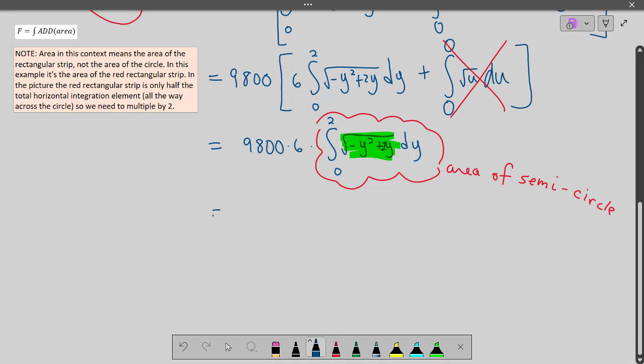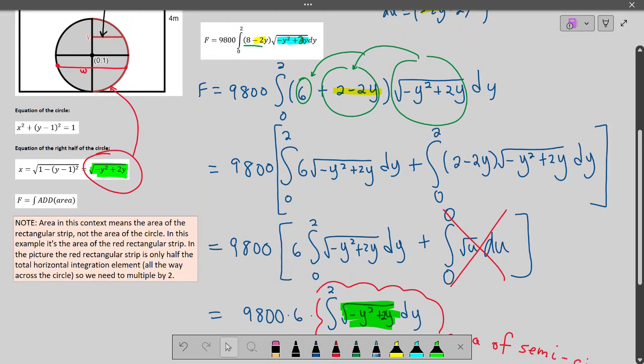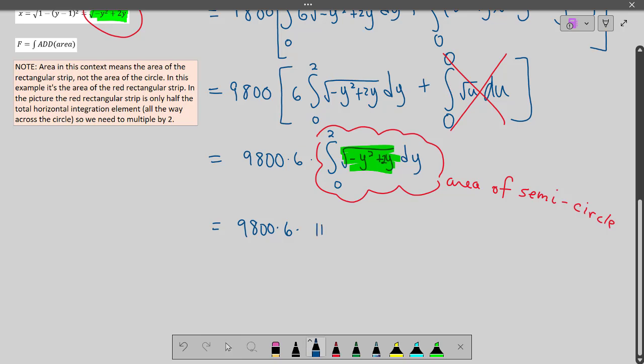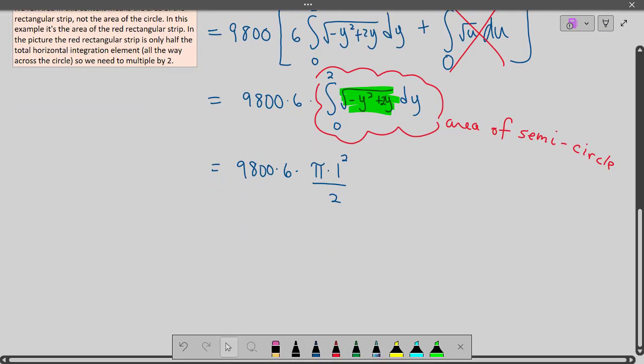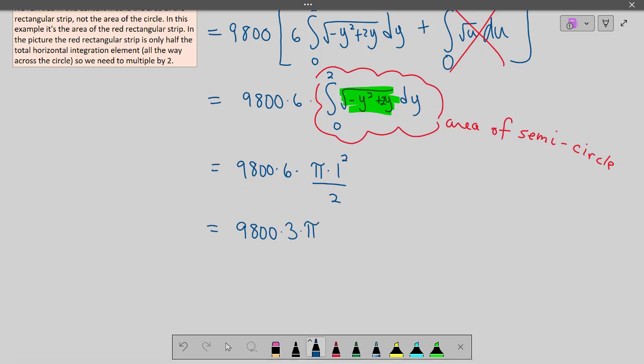So we're going to end up with 9,800 multiplied by 6 multiplied by the area of a circle divided by 2. The area of a circle is pi r squared. The r here is 1. So it's pi times 1 squared divided by 2. So we're going to end up with 9,800 multiplied by 3 multiplied by pi, and we are finding newtons.